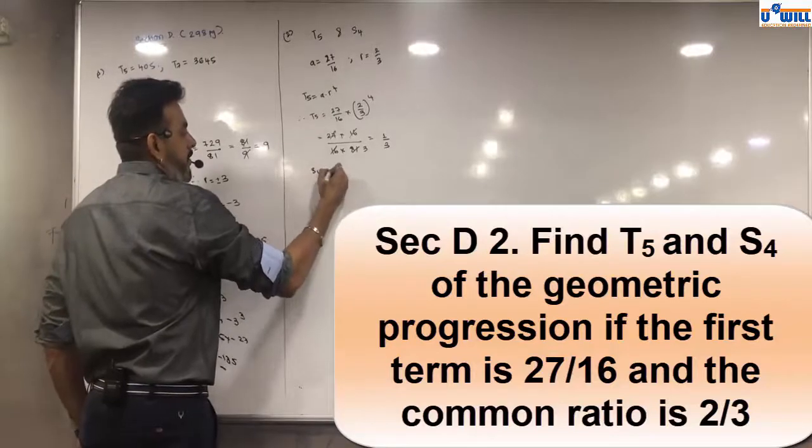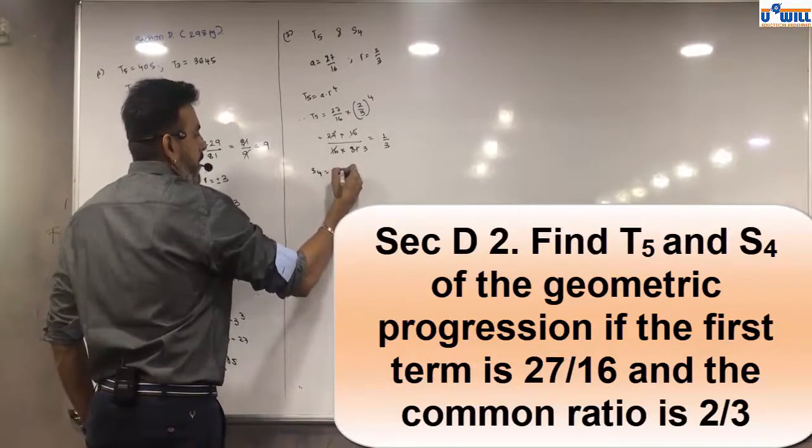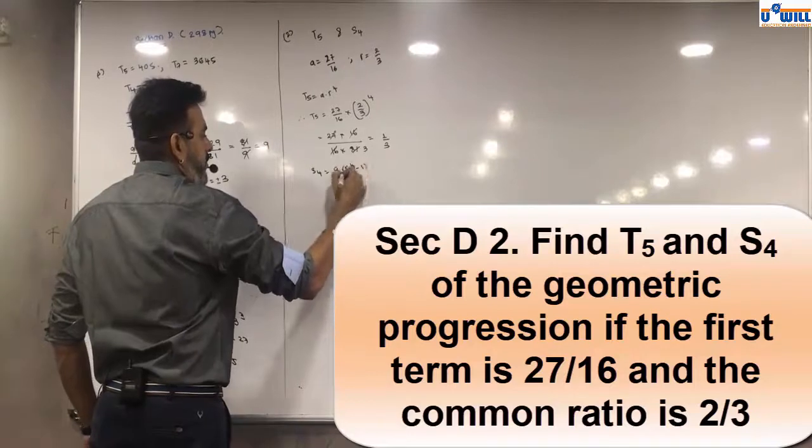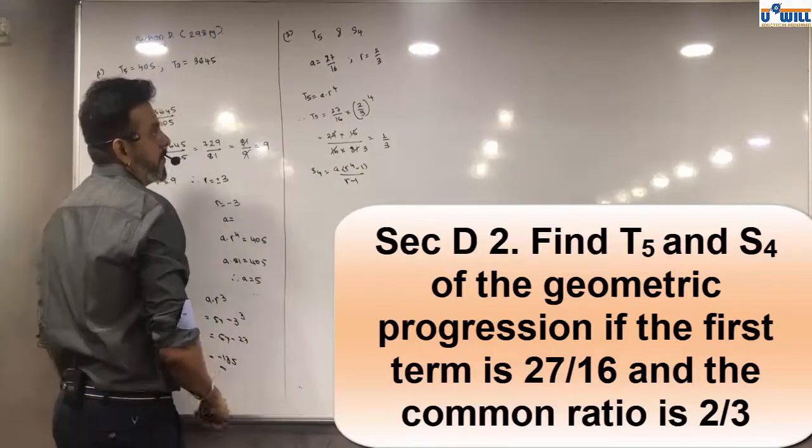S4 is equal to A into R raised to 4 minus 1 upon R minus 1.